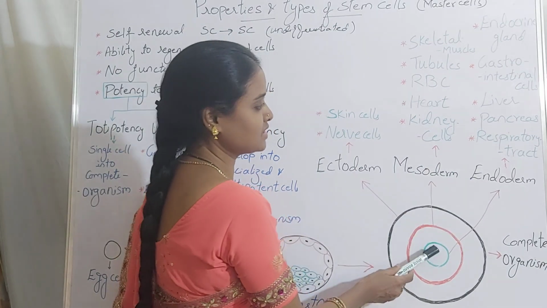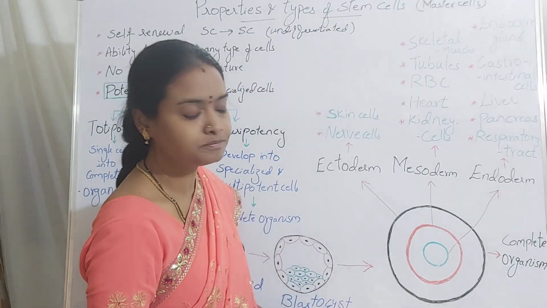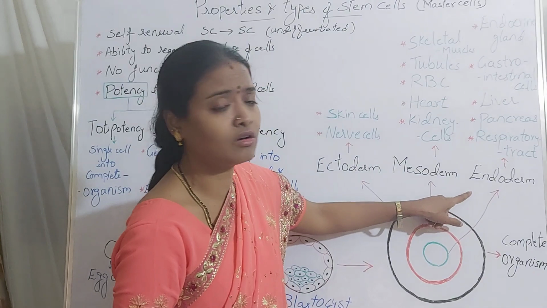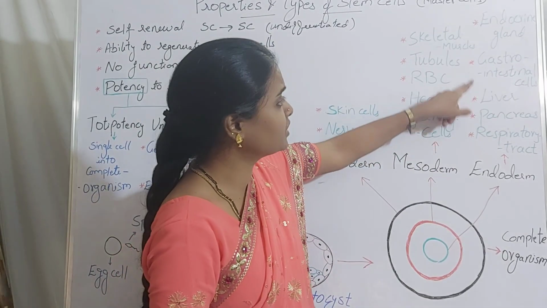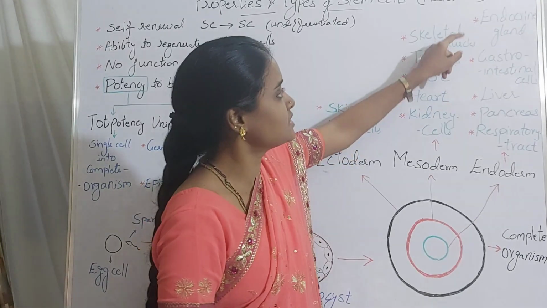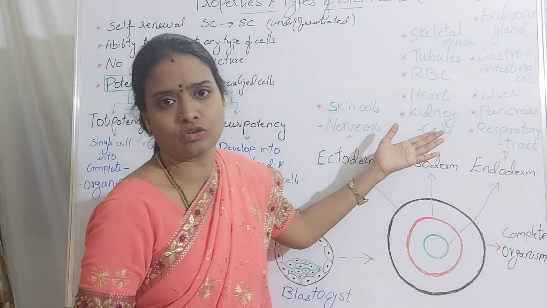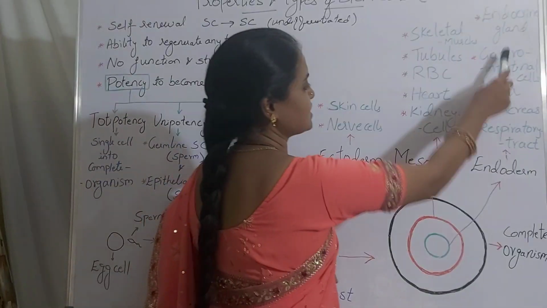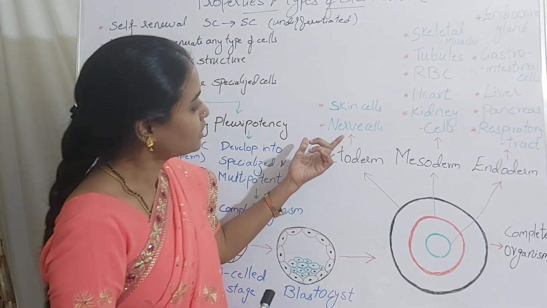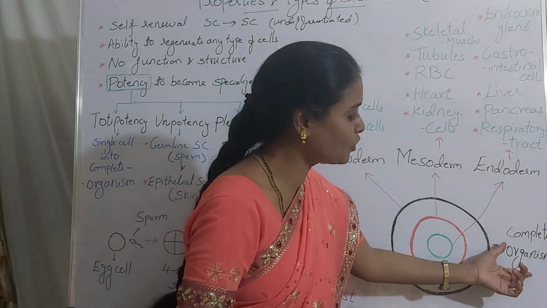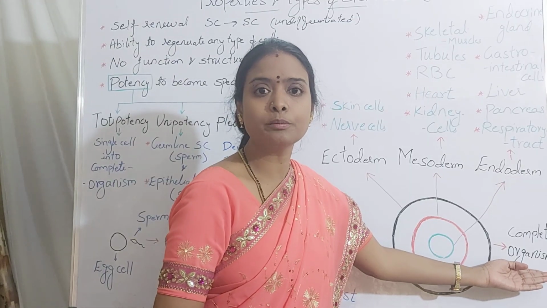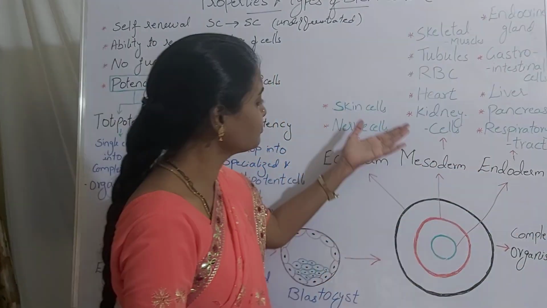So you can see here the endoderm results in the formation of the respiratory tract, pancreas, liver, gastrointestinal cells, endocrine glands and all. Right? So all these cells present in the organism or the complete baby will result in the formation of that complete organism without any defect.